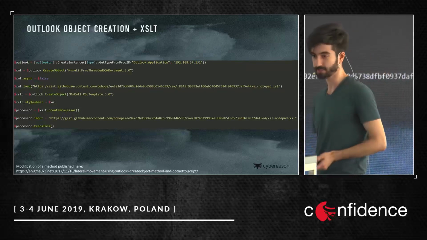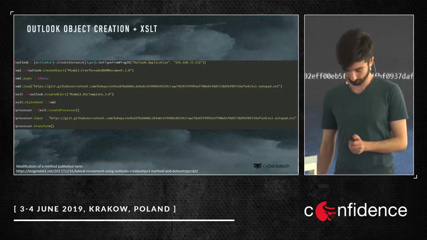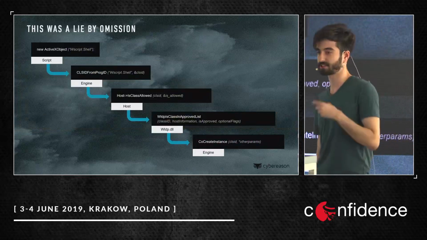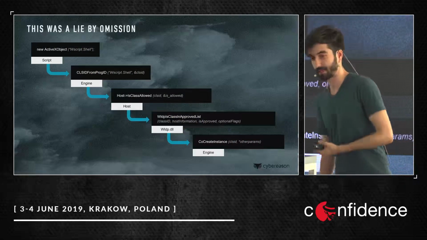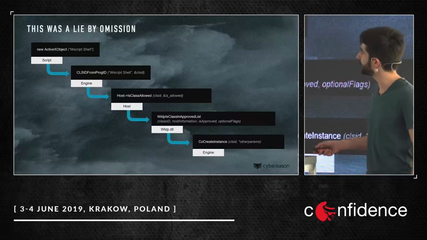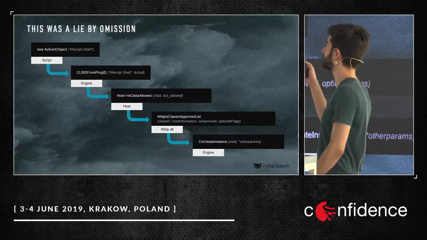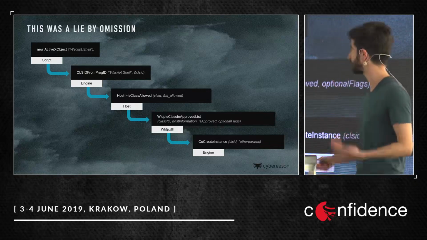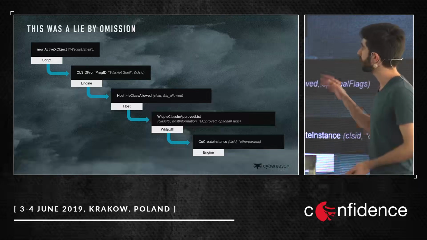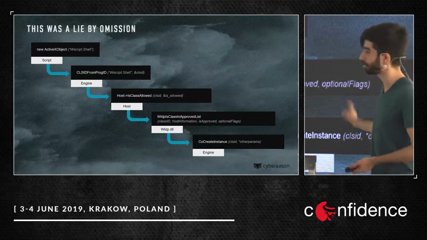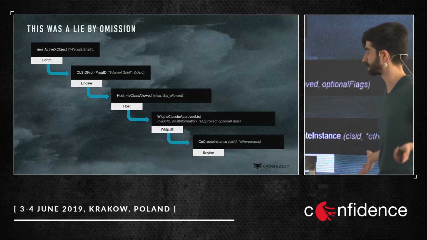All right. So when I showed you this graph, there was a small lie by omission. We always see that the script calls something, and then class ID from prog ID is called from the engine, etc. And then the host as class allowed is called. So almost all of these arrows are actually just imports.